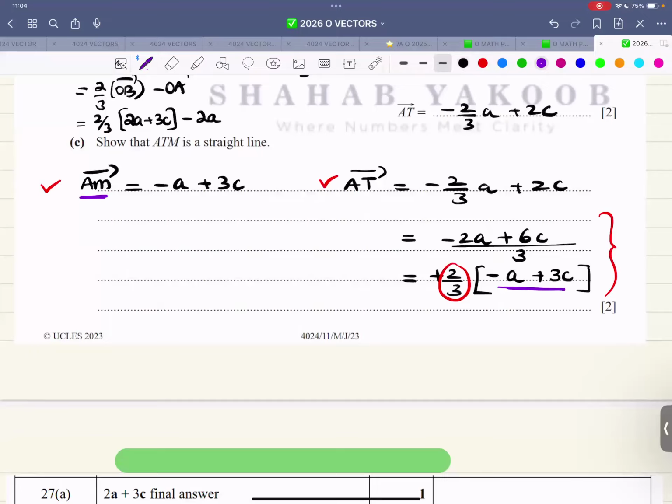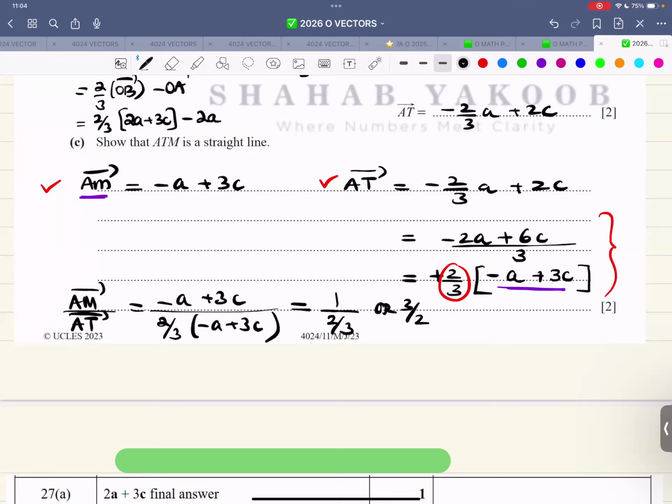Yes. In other words, if I divide two vectors, AM divided by AT, so that is minus A plus 3C divided by 2/3 of minus A plus 3C, I get 1 over 2/3 or 3 over 2.